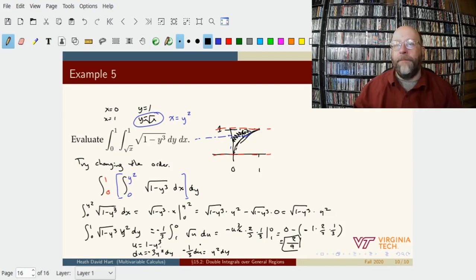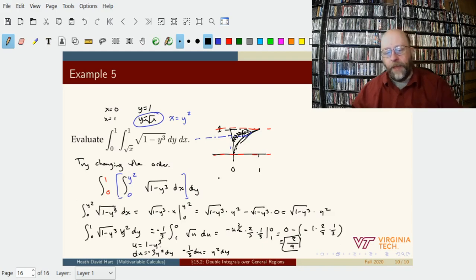This wasn't an easy problem even after we changed the order. We still had to do a u substitution, and I almost messed it up by forgetting the negative sign, but then managed to recover. But it was a lot easier to integrate it in this order than in the original order.